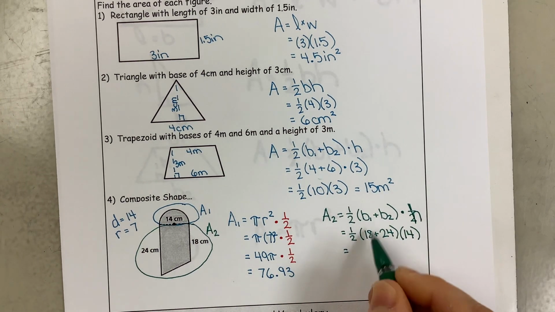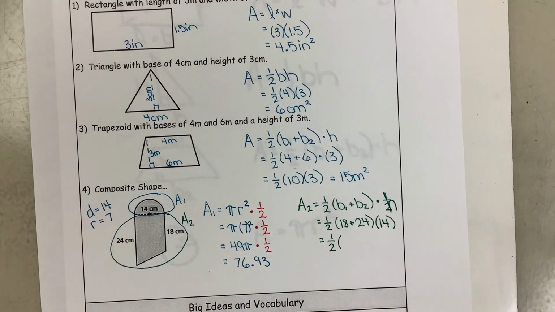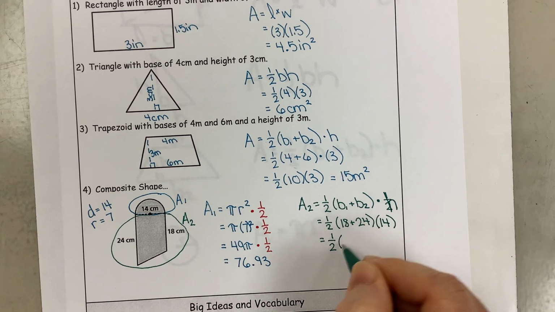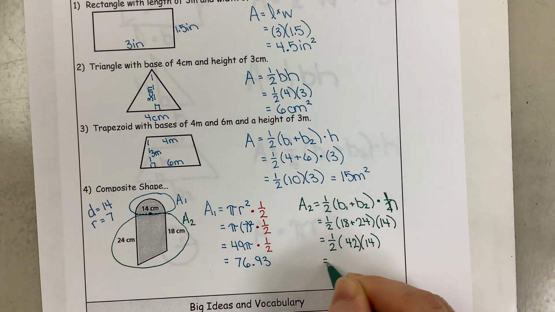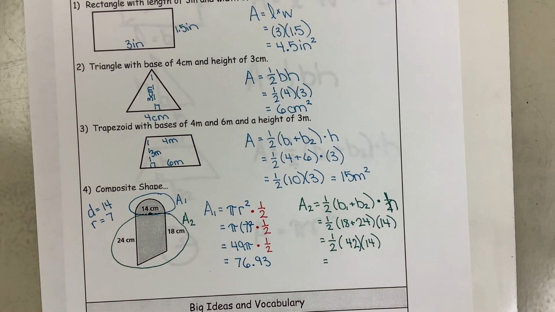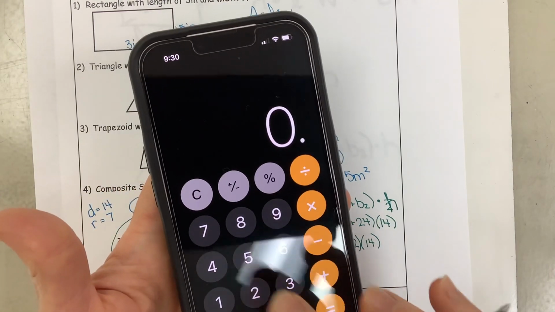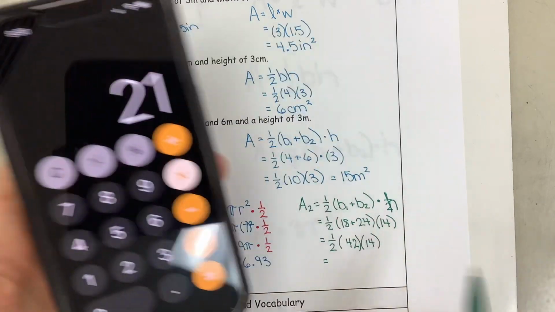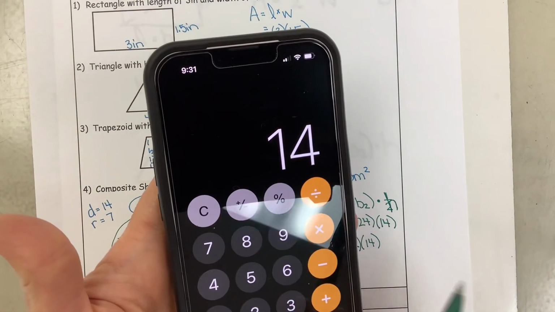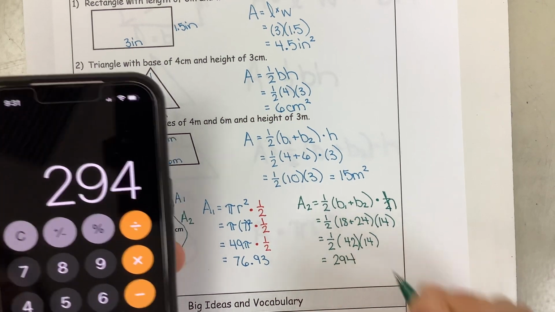We have to remember to do the parentheses first, so 1/2. We have 18 plus 24, and that is 42, times that 14. Those are bigger numbers, so I'm going to go ahead and multiply this. So 0.5 times 42 times 14, and that equals 294.